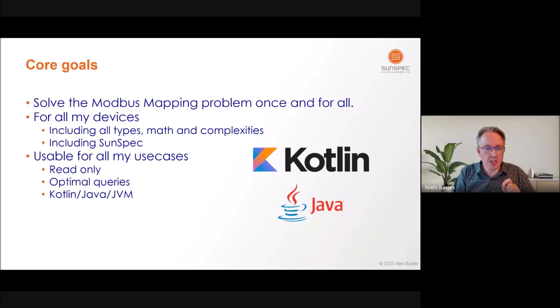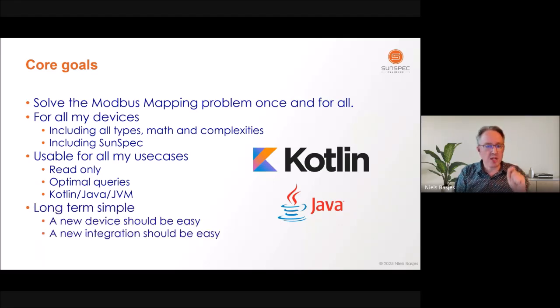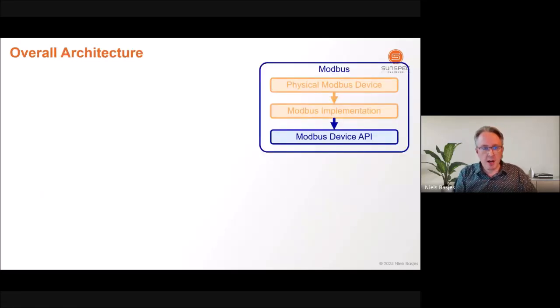And another important thing is that although this project is really complex, I want it to be long-term simple in terms of adding a new device is easy, and adding a new integration and sending the data to something else is easy. After a lot of designing and playing around and trying things out, I came up with this overall architecture. I have a physical device and a Modbus implementation.